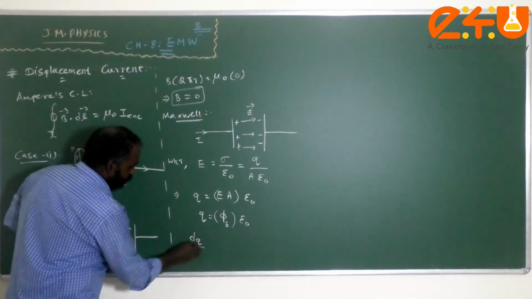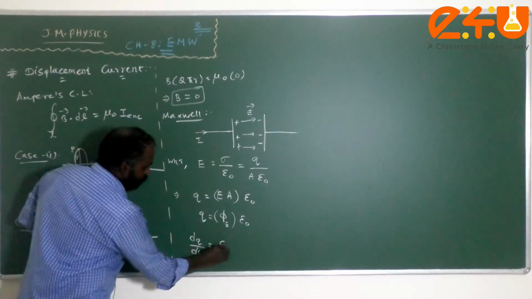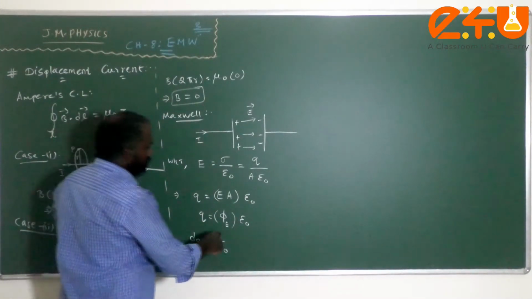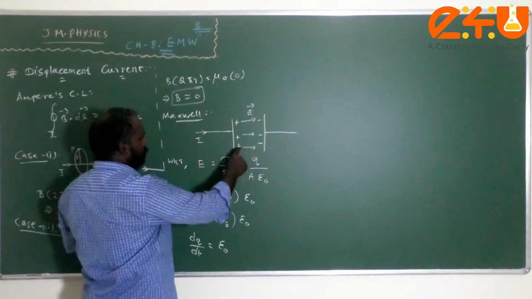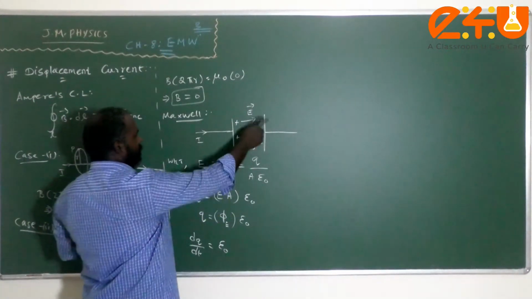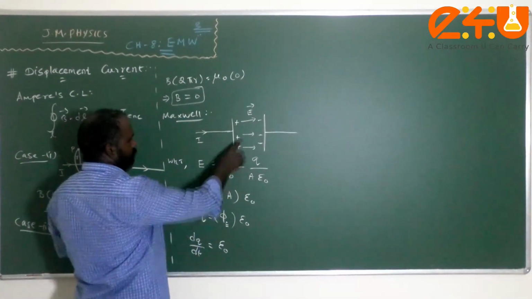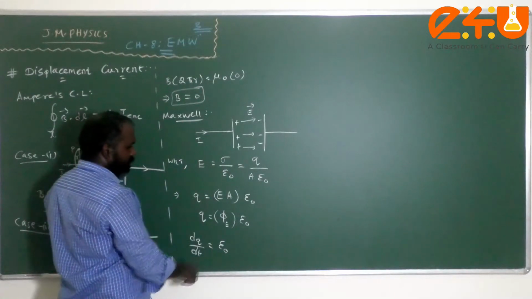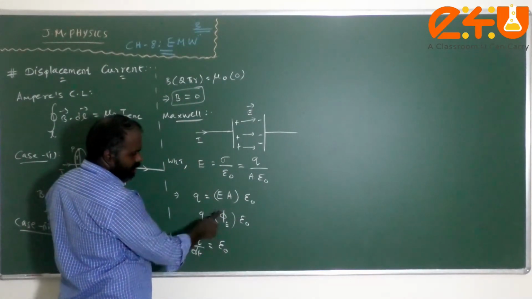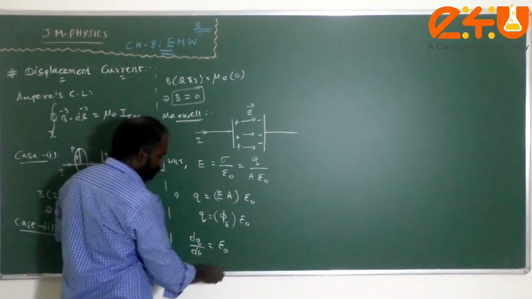So dq by dt is equal to epsilon naught times d phi E by dt, since the electric field is changing. Even though the capacitor plate area remains constant, the electric field will vary with respect to time, therefore the electric flux also varies with respect to time.